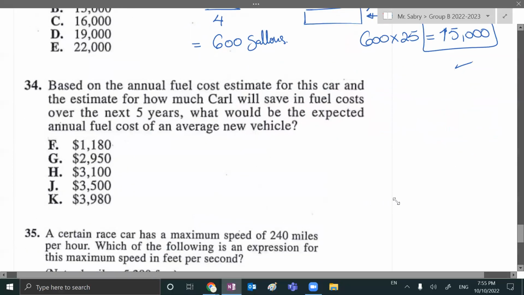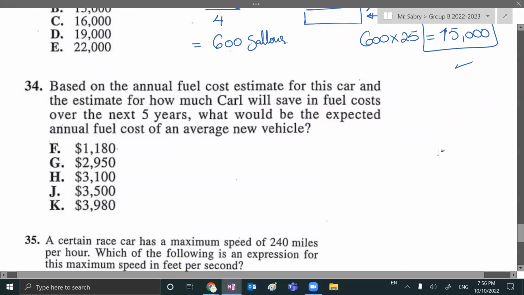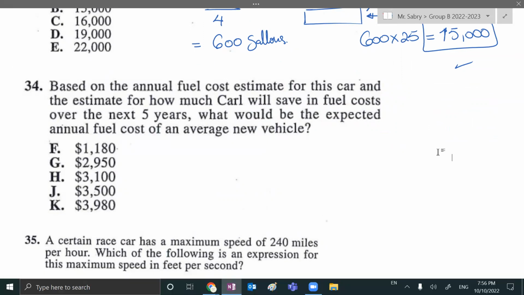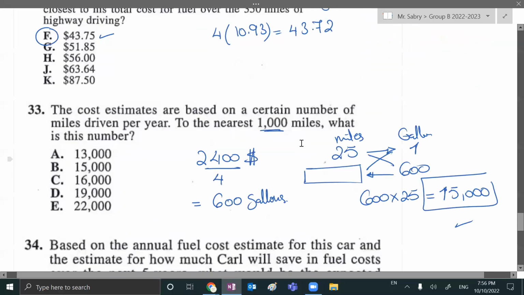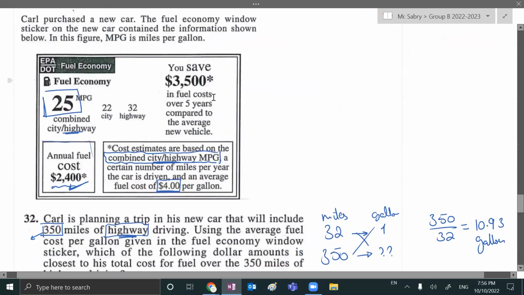So the 34, it says, based on the annual fuel cost estimate for this car and the estimate for how much the car will save in fuel costs over the next 5 years, what would be the expected annual cost of an average new vehicle? So they said that over the time of 5 years, you'll save $3,500.